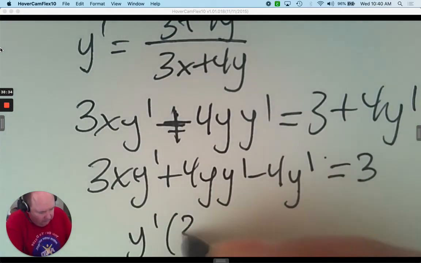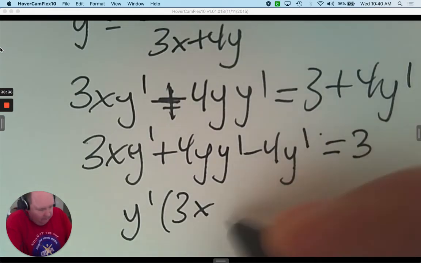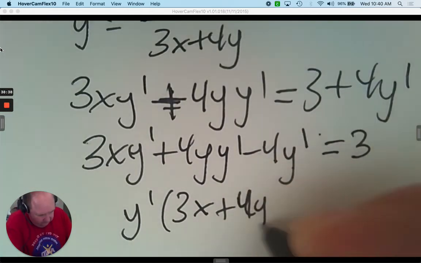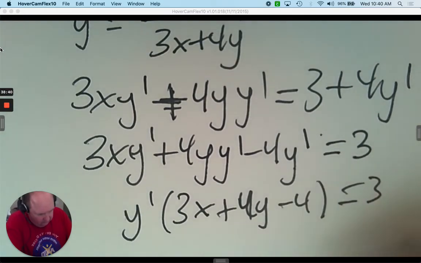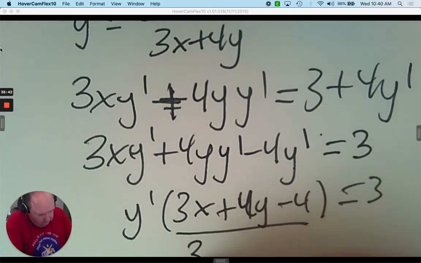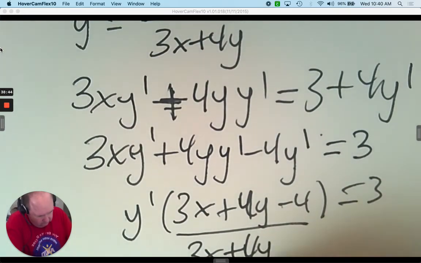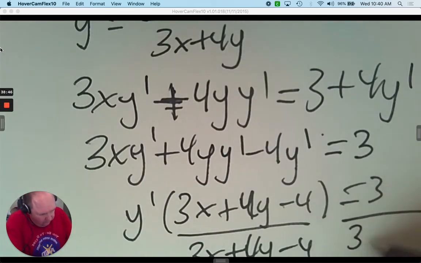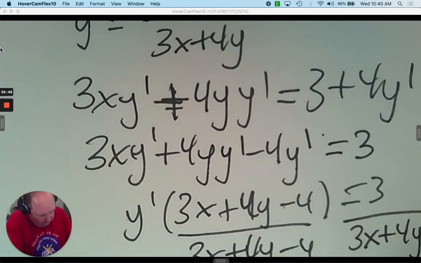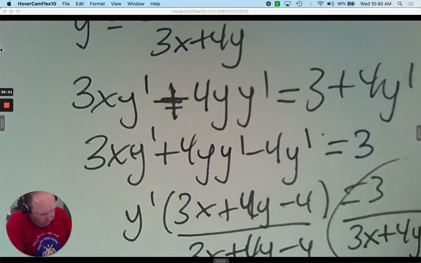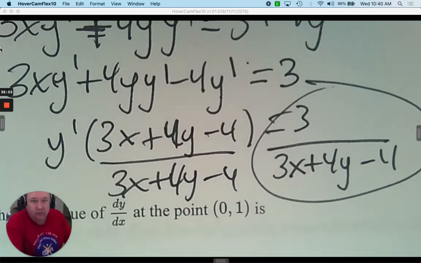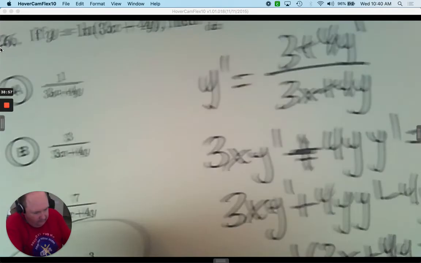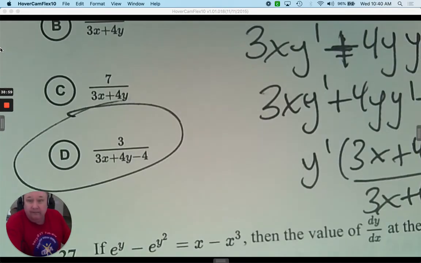Factor out a y prime, and you have 3x plus 4y minus 4, and then divide. So 3 over 3x plus 4y minus 4. Done. That's D.